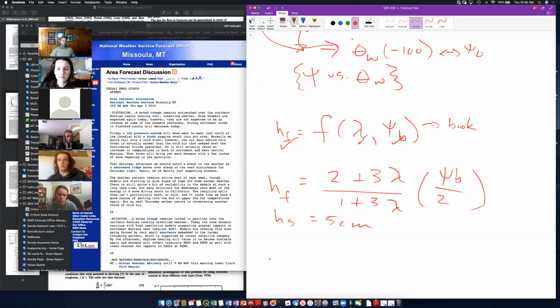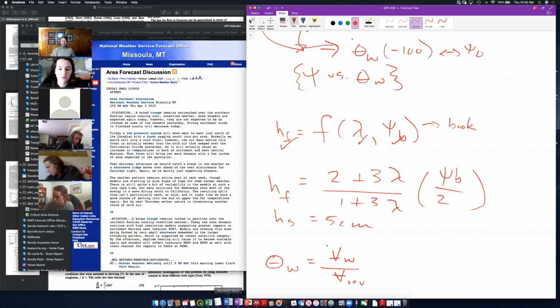Remember, the definition of theta sub W is volume of water over the volume of REV. So if I'm fully saturated, that means all my pore space is full of water.